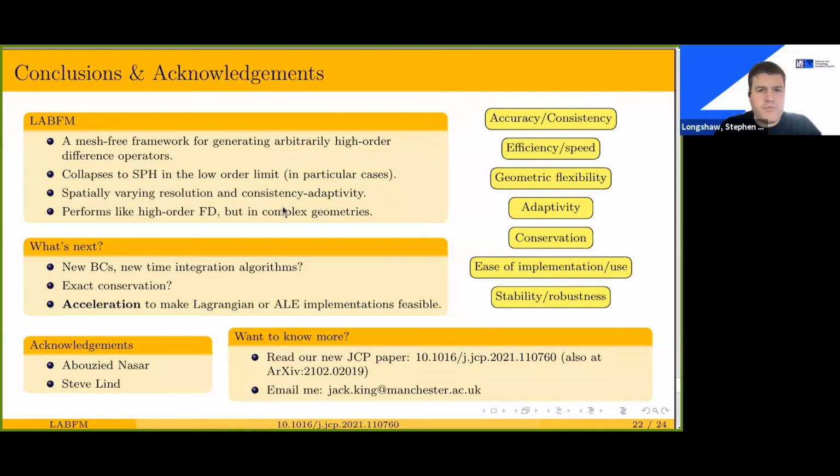The second question from Jahu: with the same convergence order, have you compared the computational complexity of your LABFM methods versus FDMs, say comparing fourth order FDM with LABFM? I haven't, but I can give an answer.